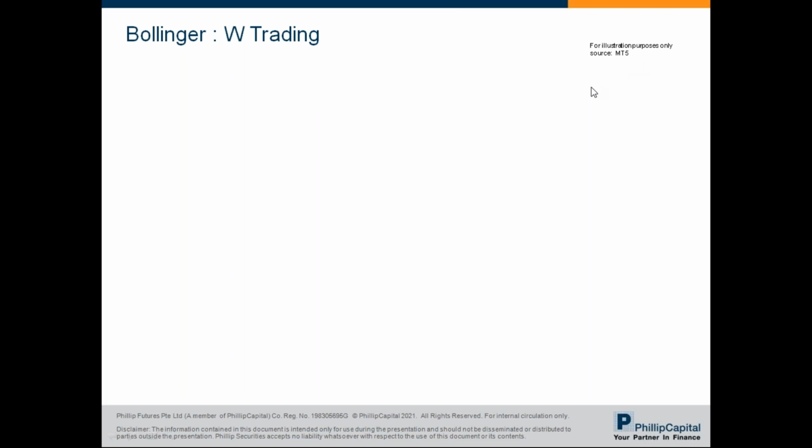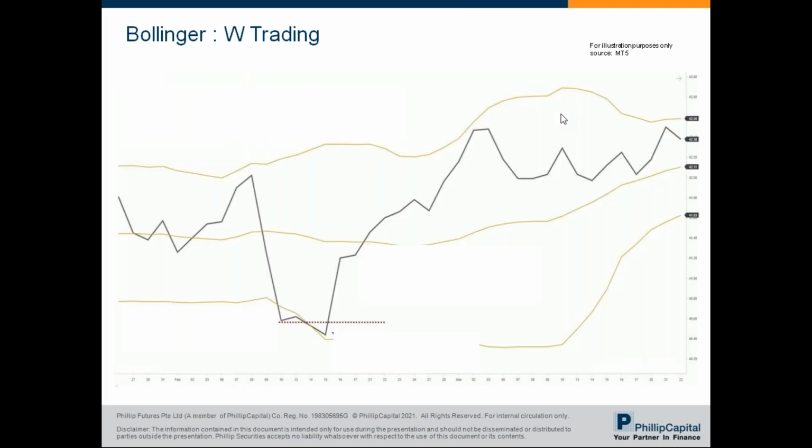In this slide, we're adding the Bollinger Band, and you can see how it looks. Just pay close attention to how this will turn out. So prices fell. This is a line chart instead of the candlestick, which I usually use. I just like to show you the basic formation of a W so that you can see clearly what a W looks like.